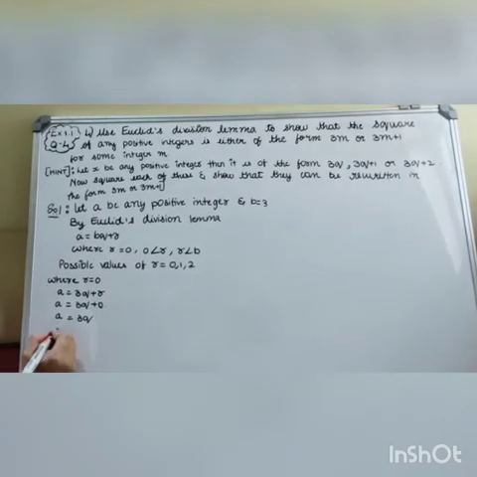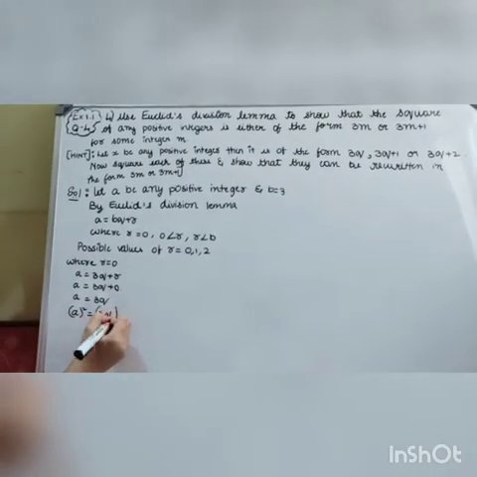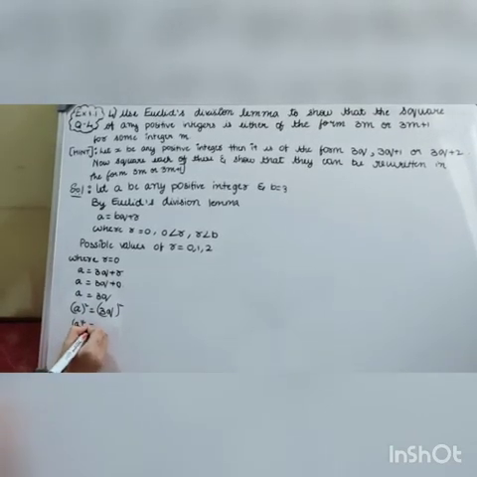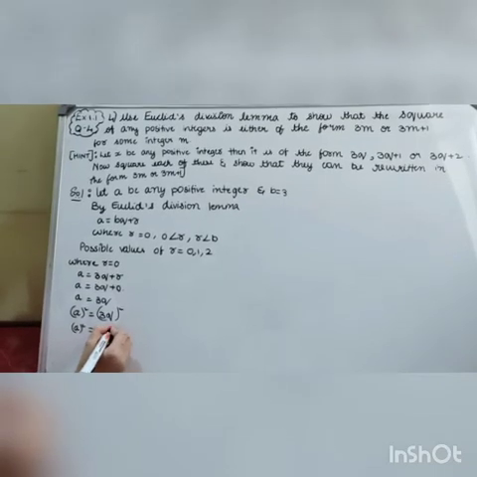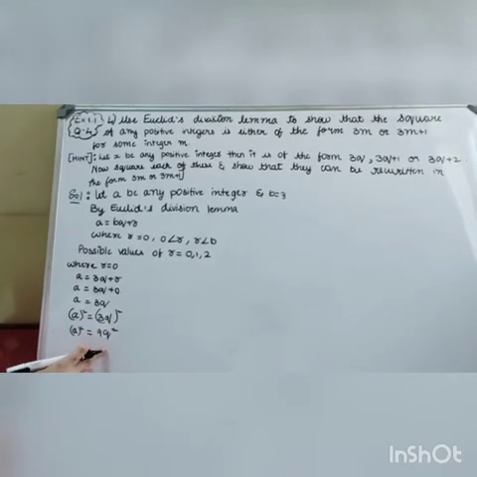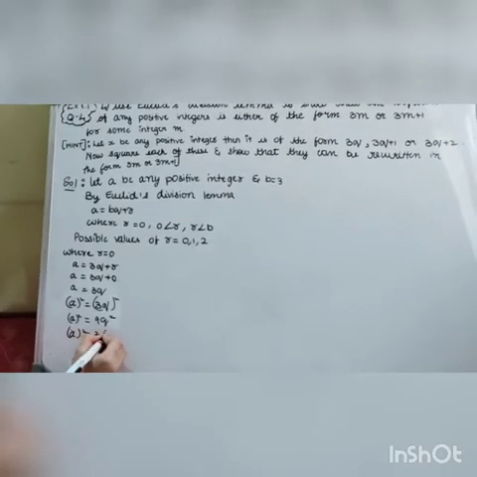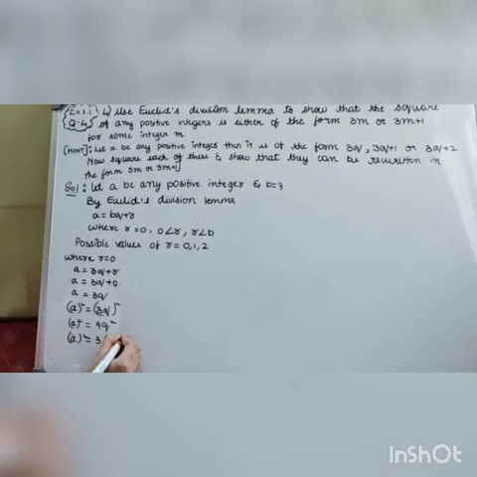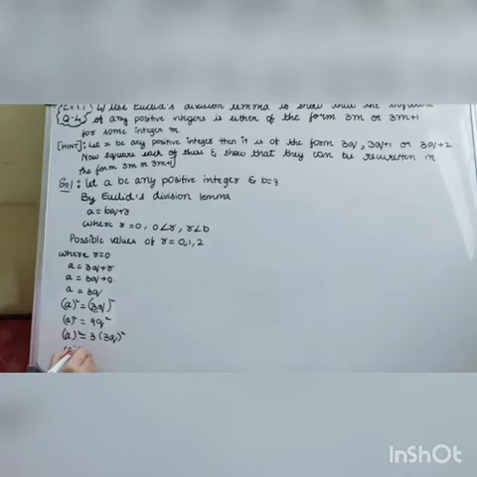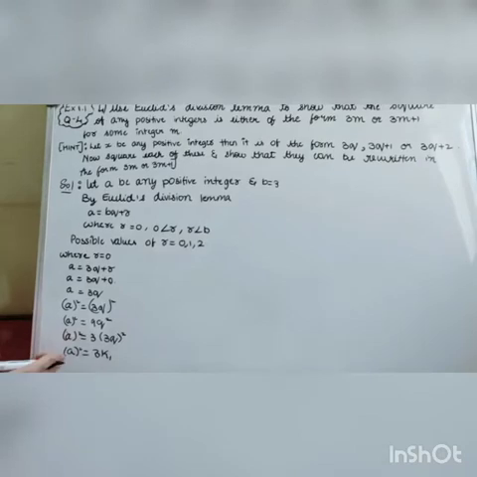So a square is 3q square, which is 9q square. Now here we will take 3 as common, so 3 times 3q in the bracket. Now this bracket can be written as 3k1. I will tell you at the end what this k1 is.